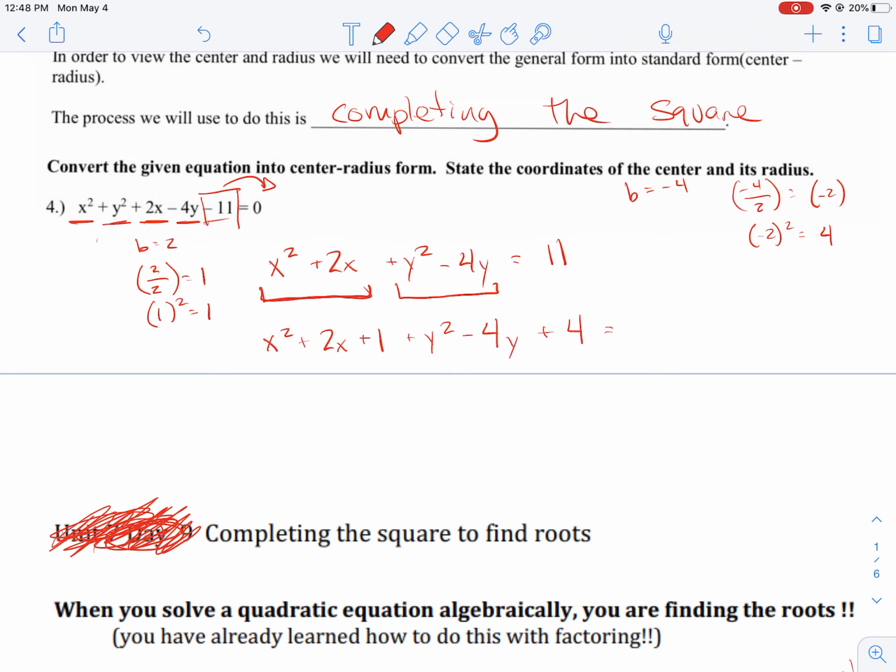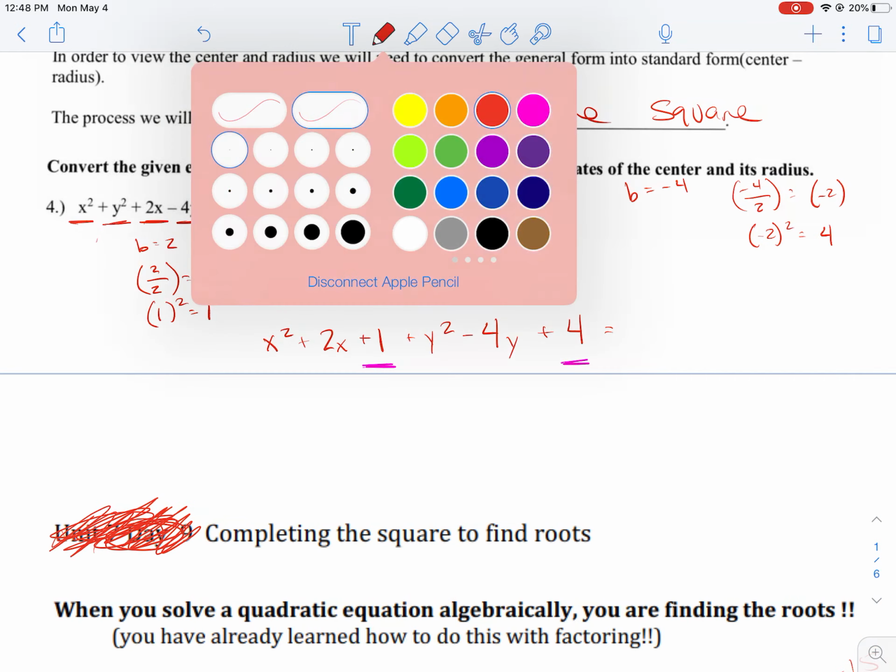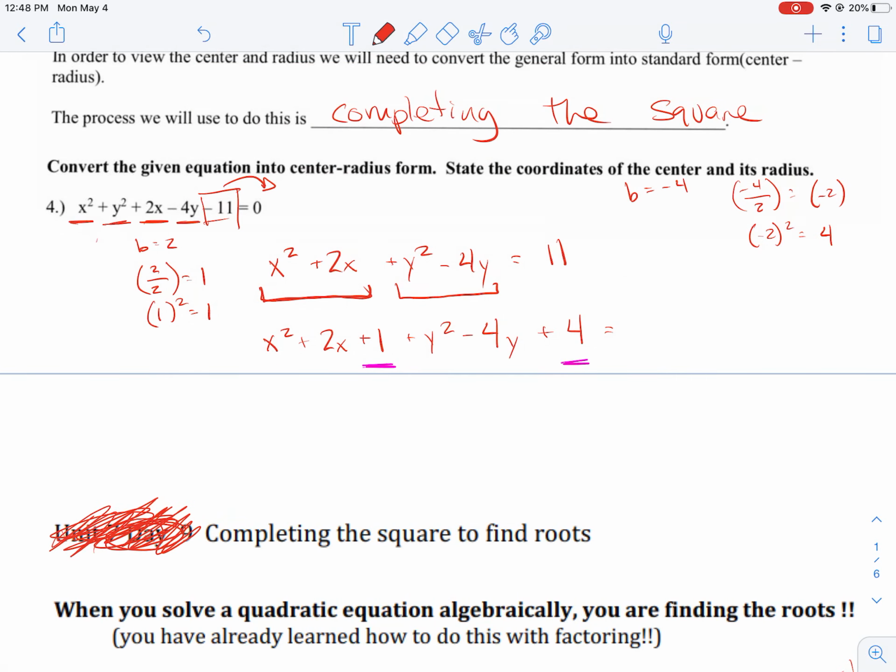Now, we got to remember what we add to one side, we add to the other, so we got to make sure we add this 1 and this 4 to that other side. So in this case, it was a positive 11, so it's going to be 11 plus 1 plus 4. So our grand total here: x squared plus 2x plus 1 plus y squared minus 4y plus 4 is equal to 16.